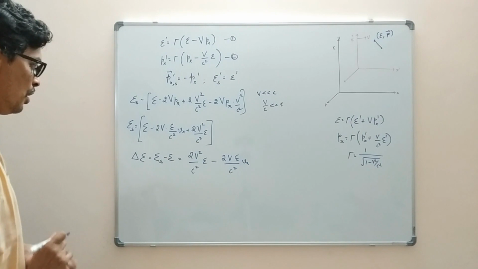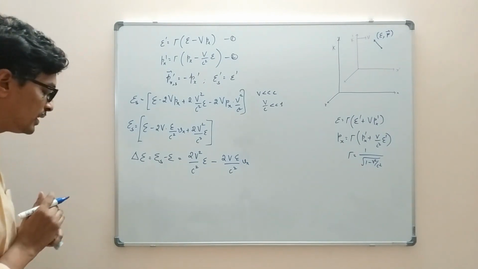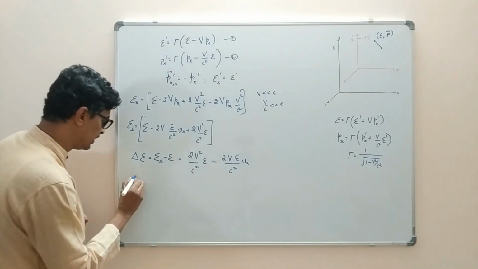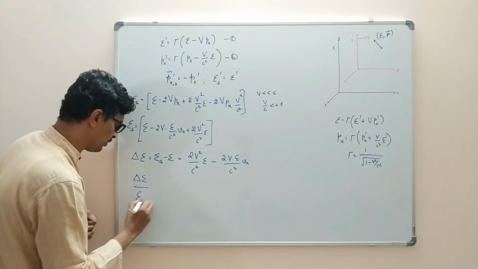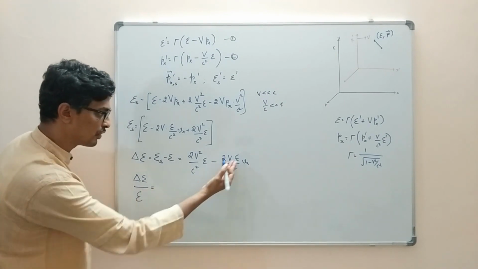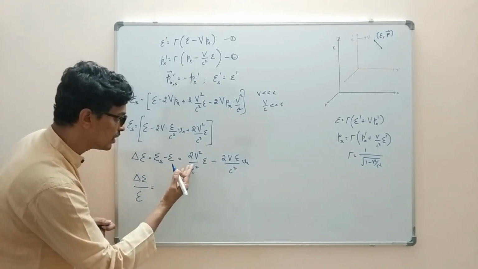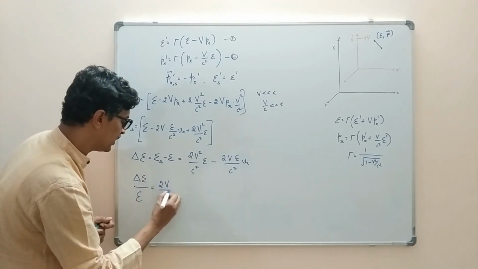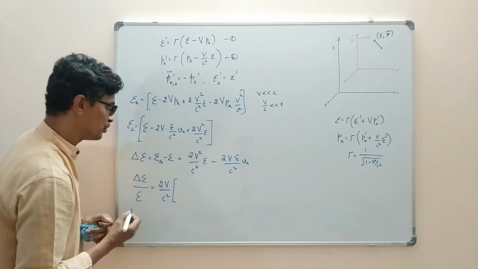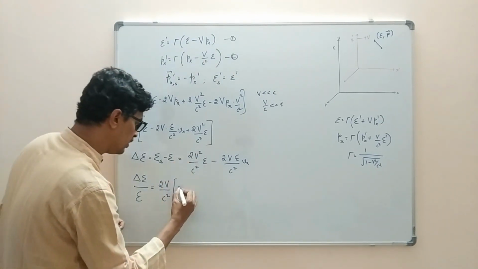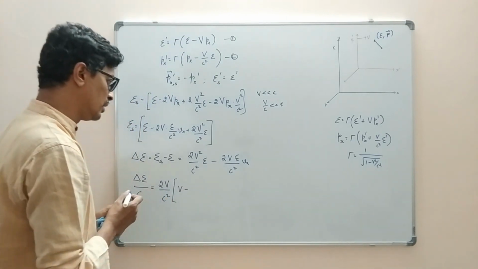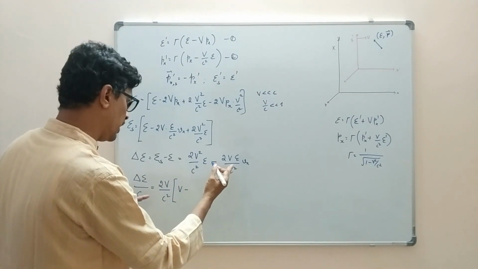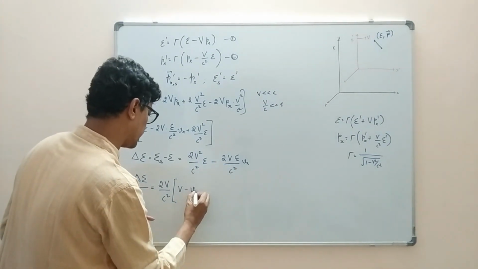Correct? Okay. So now let me calculate what is the fractional change in the energy after collision. That is delta epsilon by epsilon. That is going to be, I take the epsilon commonly outside. In fact, I can take 2 V by C square also commonly outside, and that's going to be V minus V x.